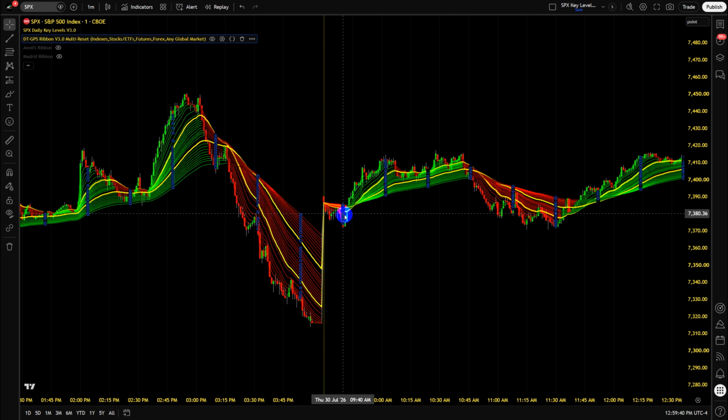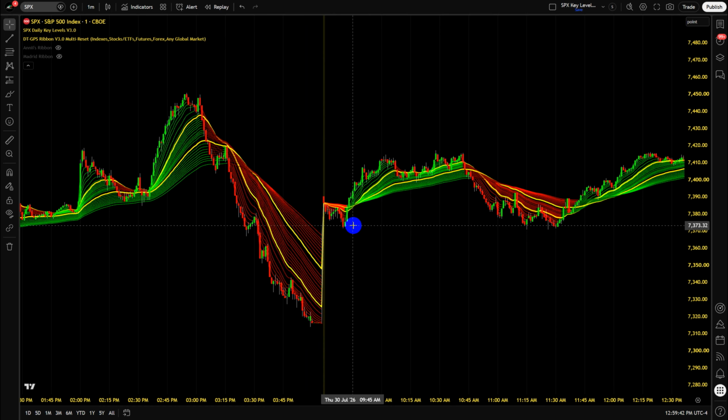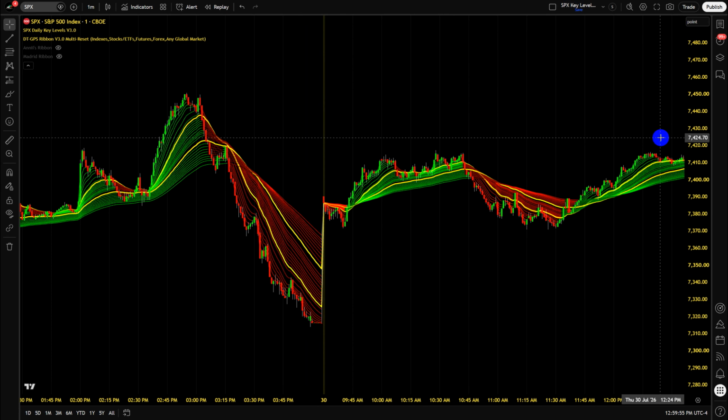So you could take advantage of this small reversal move here and then still jump in here on this move back above with the all green ribbon here. Then of course you're getting an all red ribbon here for a move down, and then eventually an all green ribbon here for another move back up.